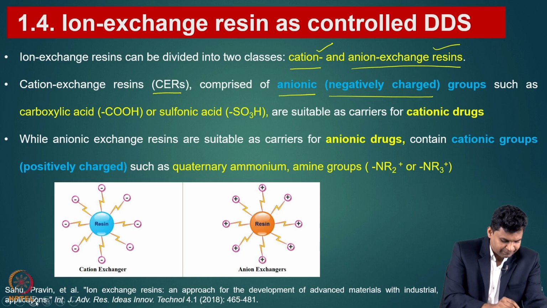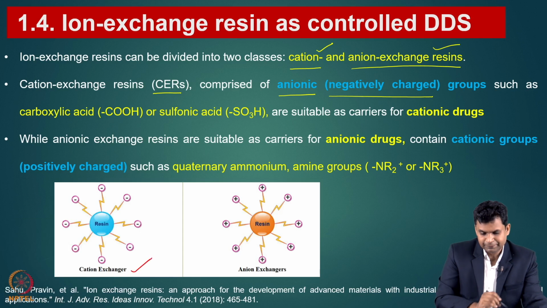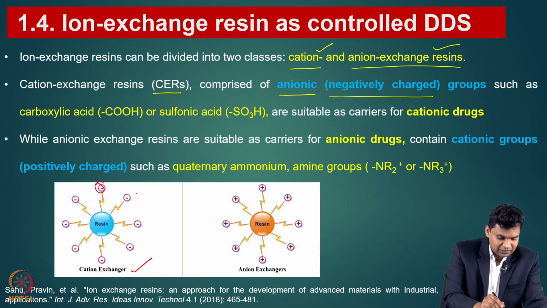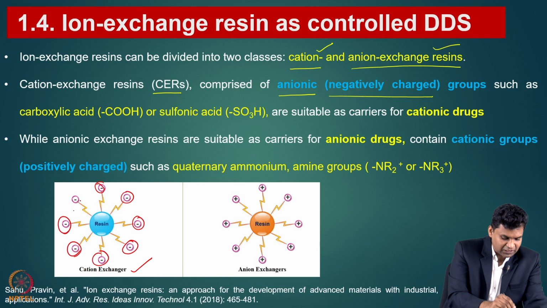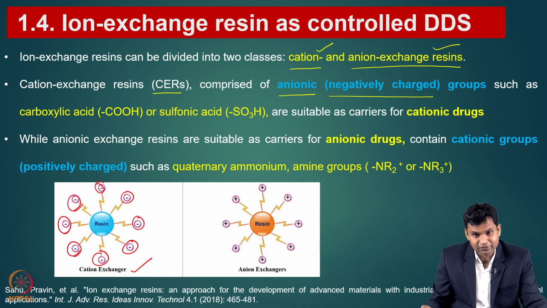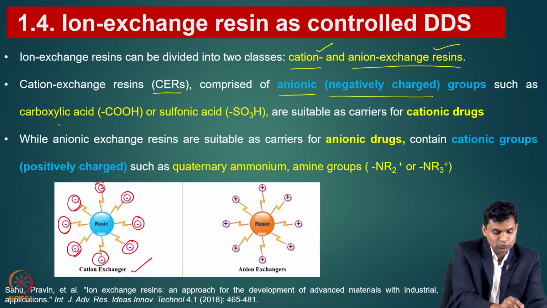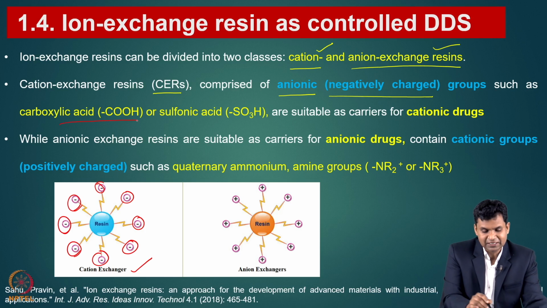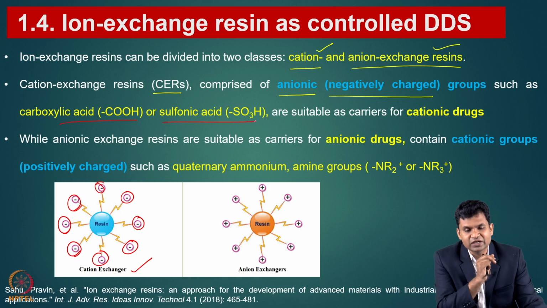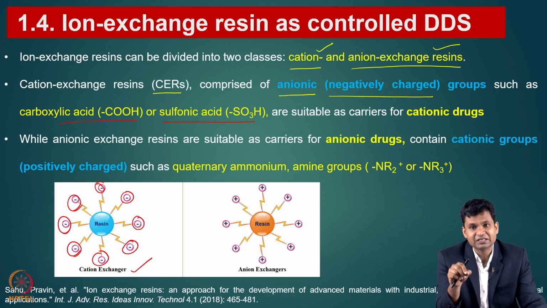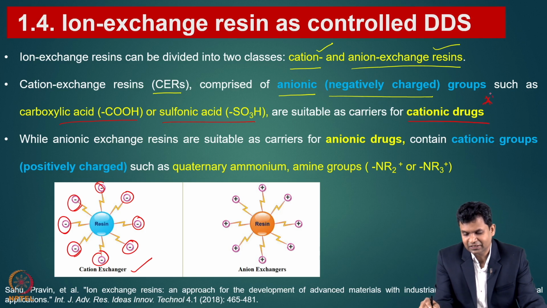Here you can see in the picture representation, this is the resin which represents the cationic resins, and in its structure you will see the negative charges, which are anionic groups. Carboxylic acid and sulfonic acid are two functional groups present in the cation exchange resins, which will attract cationic drugs for delivery.